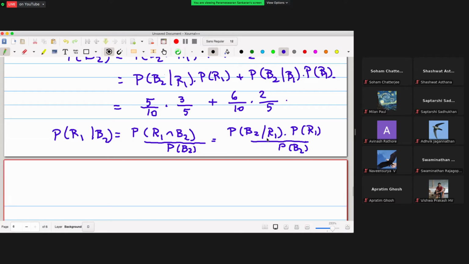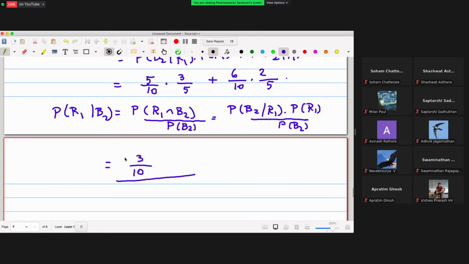They are all fairly easy to find out. By the way, this number in the numerator already appears in here. So we just copy that and simplify it. In fact, 3 by 10 divided by probability of B2, whatever it is. So let us simplify that slightly. 3 by 10 plus 3 by 20, 3 by 25. I don't know if it helps to simplify.